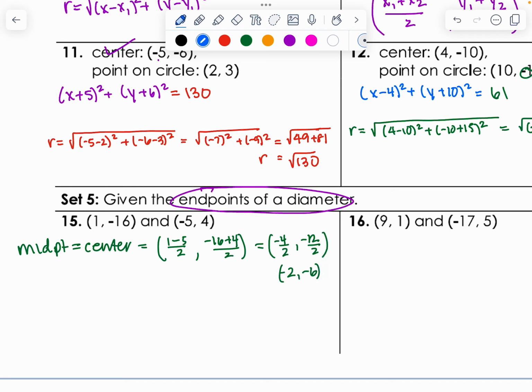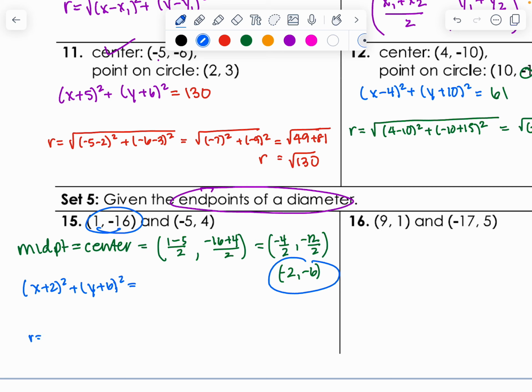So far I have my x plus 2 squared and y plus 6 squared. And you can make the choice now to do it exactly as we did in numbers 11 and 12, using the center and one of my endpoints. Or you can use the two endpoints to get the diameter, cut that in half, and then square it. It's entirely up to you. I'm going to use that endpoint and my center and do it exactly as I did in 11.